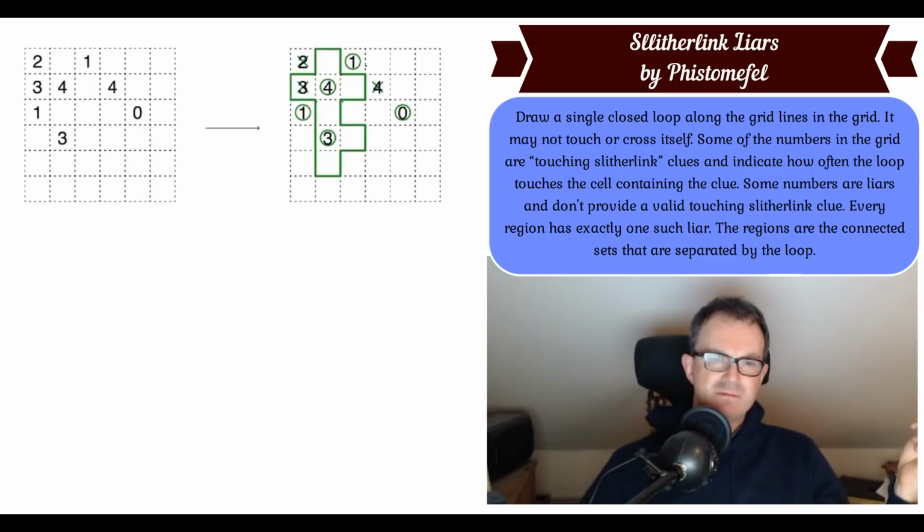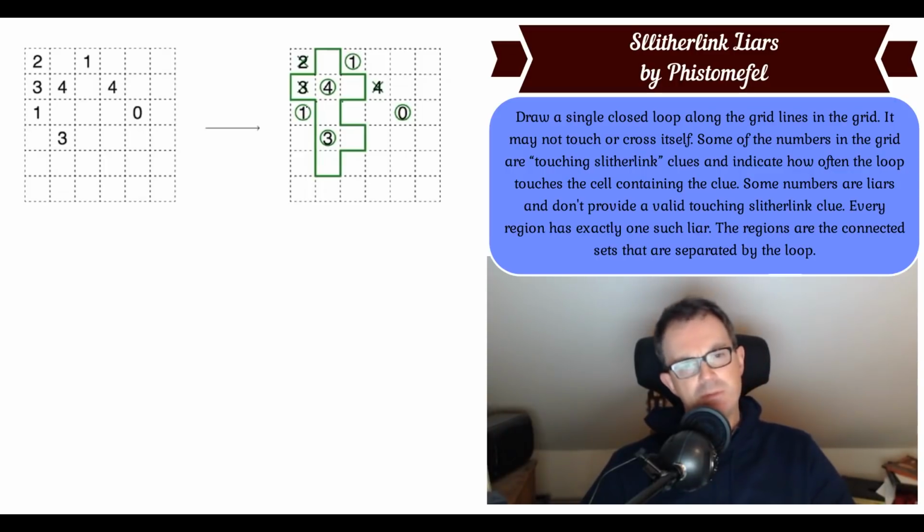That's weird. Same is true for this one, look. And this 3, which is again a correct clue. Yeah, okay, so that's touching it once along this edge here, and once in the 2 vertices opposite the edge.